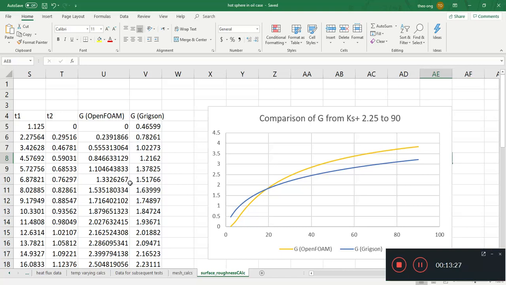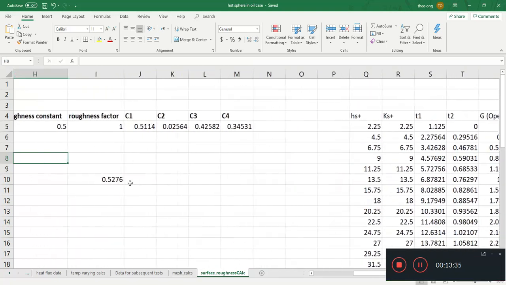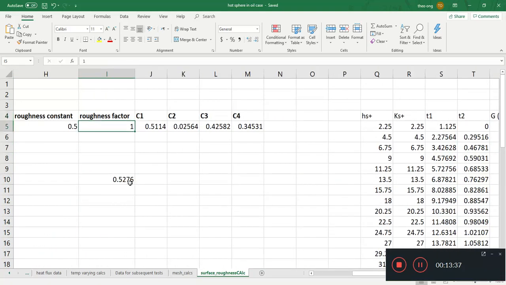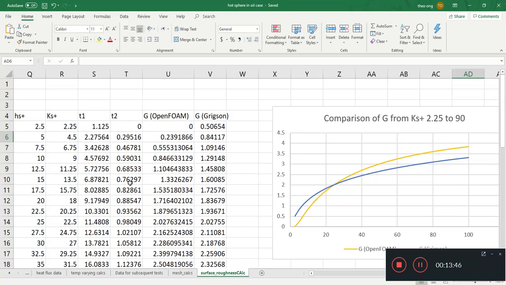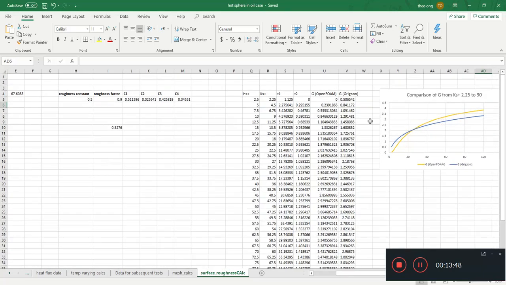One possible workaround is this. Remember, we can change our roughness factor. For example, we change it to 0.9, and let's see whether the curve changes. The curve didn't change much.